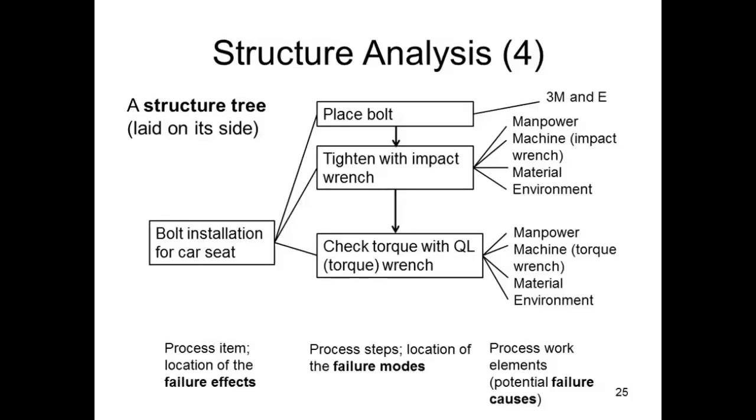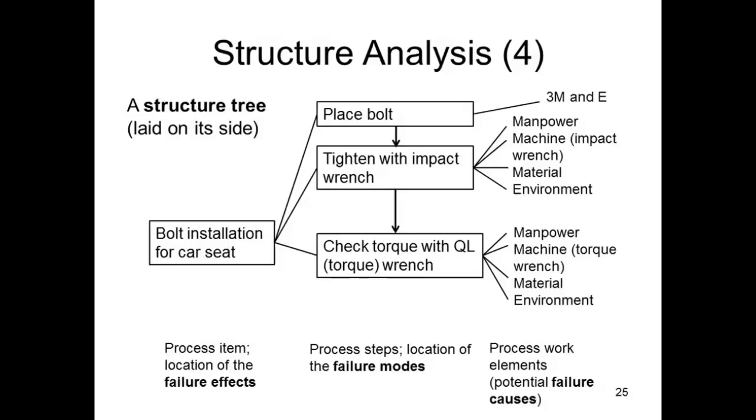The process steps were drawn directly from the flow chart on the previous page: place the bolt, tighten it with an impact wrench, and check the torque with a torque wrench. Now note the similarity to a cause and effect diagram, because at the far right we have the process work elements, which are the potential failure causes, like tighten with impact wrench.